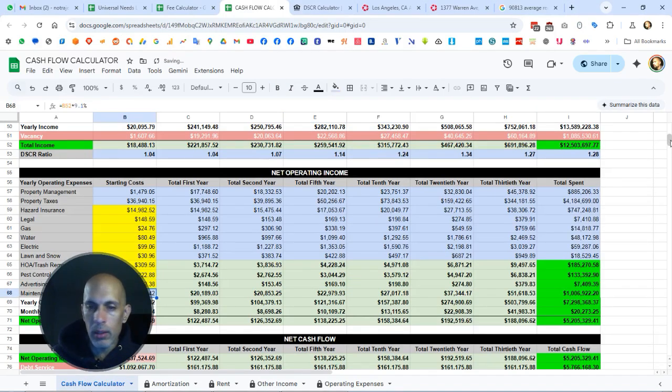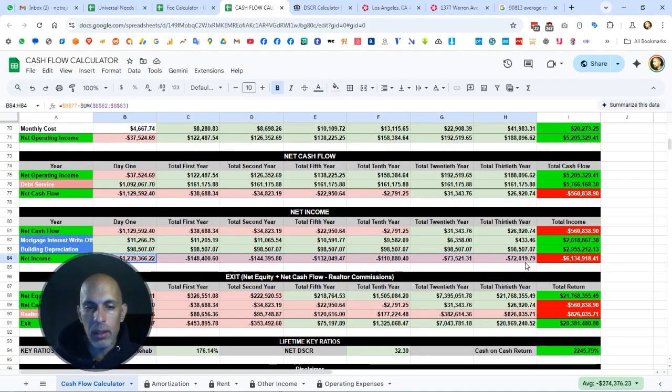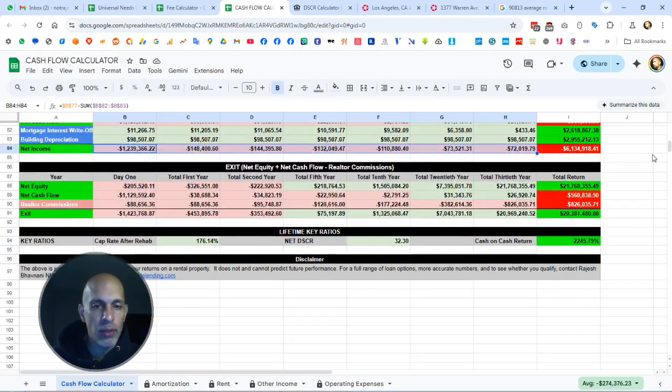Okay, so let's see if these numbers still make sense. So now we're losing cash flow for 10 years. We're able to write off the income for every single year that we own the building after the refinance.